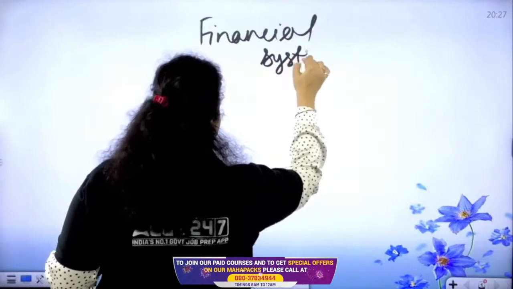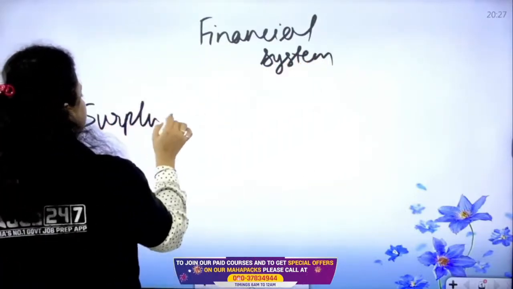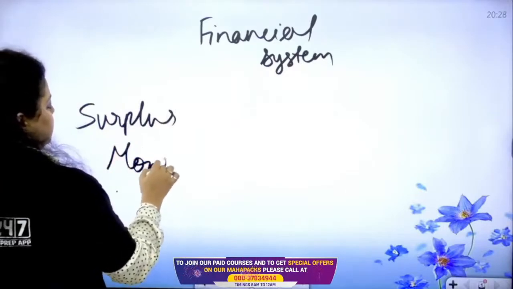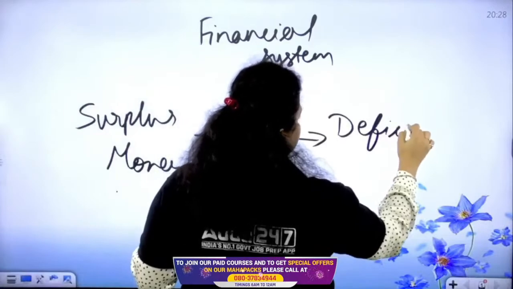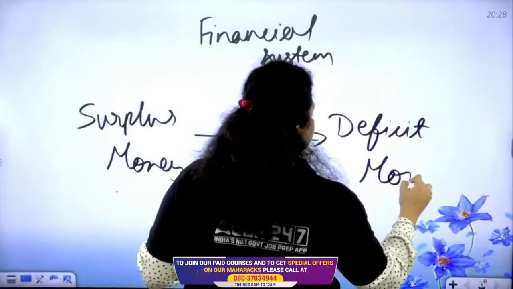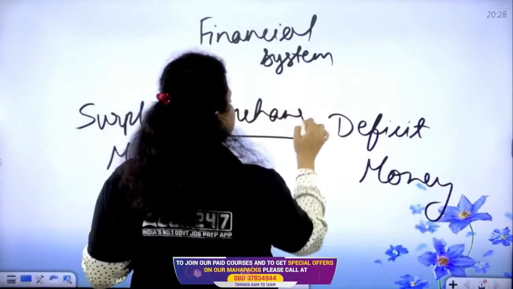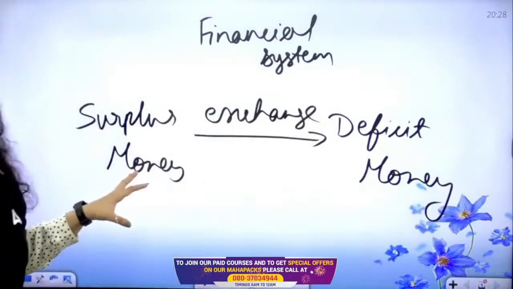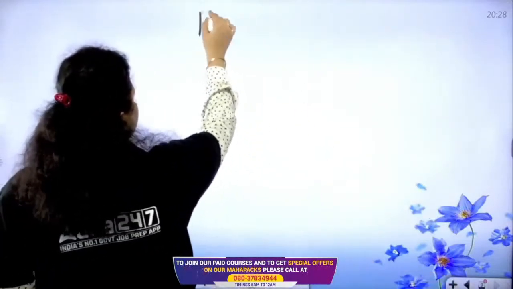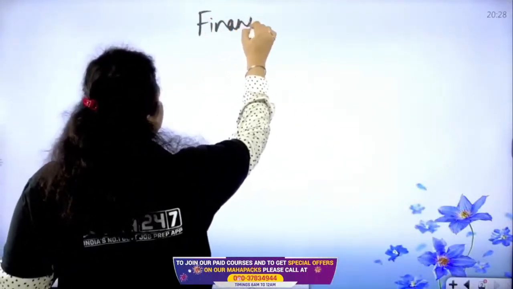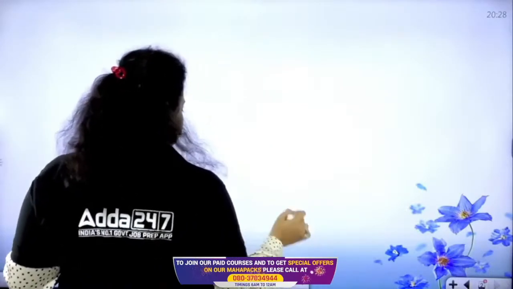The financial system simply means the exchange of funds from the persons who have surplus money towards the persons who have a deficit of money. This exchange of funds is your financial system, and to perform this activity, we need financial institutions.